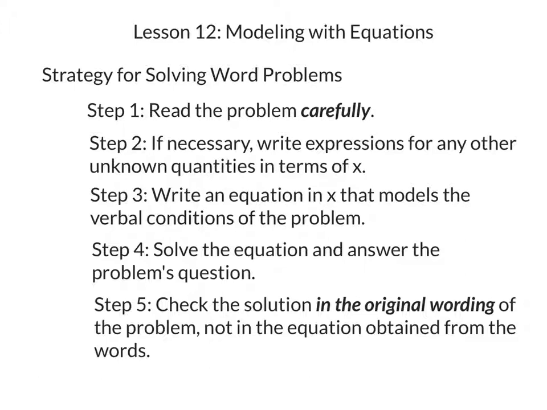Step 4, solve the equation and answer the problem's question. And lastly, step 5, check the solution in the original wording of the problem, not in the equation obtained from the words. So let's look at an example here and put these steps to use.